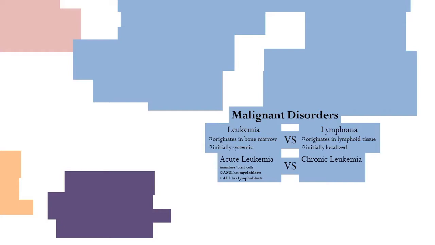What cells are seen in chronic leukemia, such as CML and CLL? Chronic leukemia involves maturing or mature cells, where CML has granulocytes and CLL has lymphocytes.